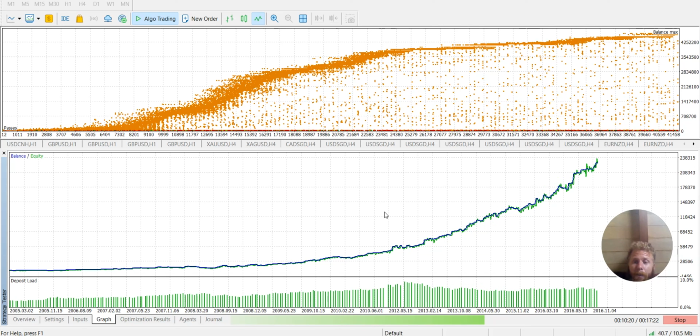Compared to the non-martingale, non-grid, non-averaging nature of this algorithm, I am pretty impressed with this kind of stability, because most of the algorithms that are not using this kind of gambling techniques are not looking good, and this EA is not using any gambling techniques, and I think it is looking very stable.